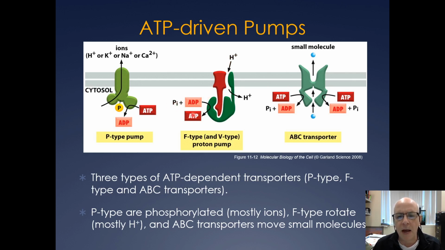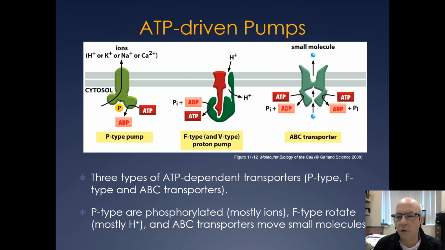These can also go backwards, so they're reversible, where they can use ATP and pump protons out against their electrochemical gradient. But the way it's shown here, this is the F-type proton transporter that's used to generate ATP in the cell.